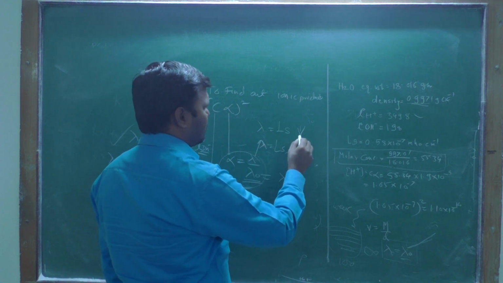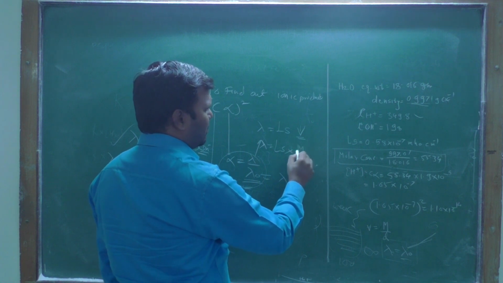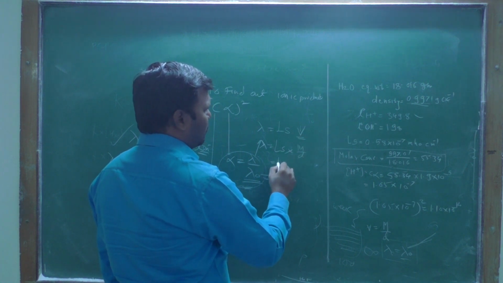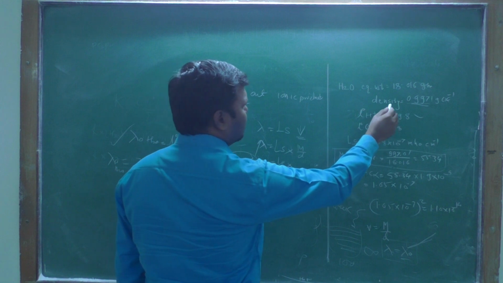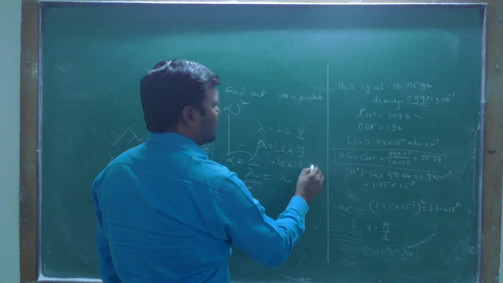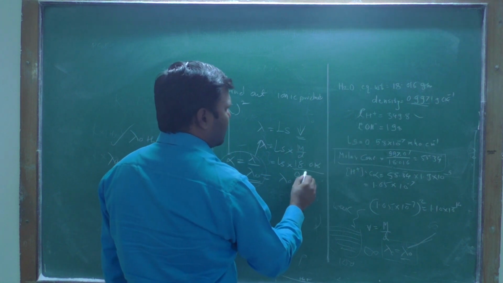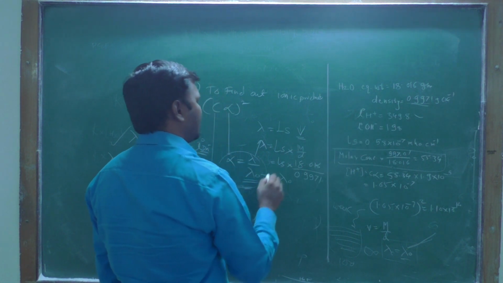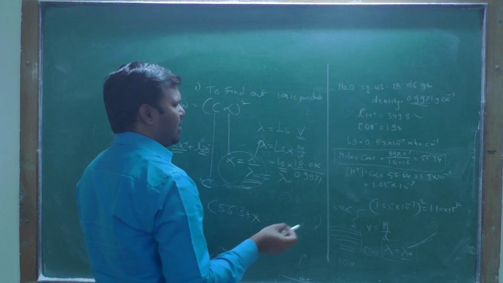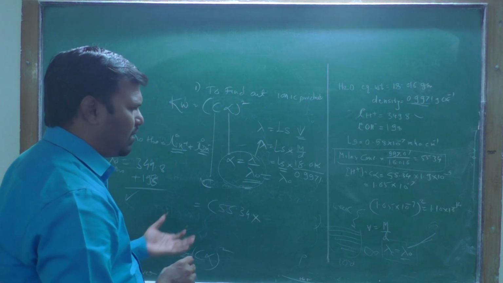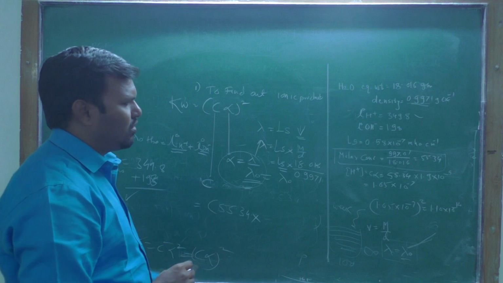Mass upon volume is also mass upon density. The mass of water is 0.16 upon the density, which is 0.9971. By that equation you can find LS, the specific conductance of water, by using machines or some calculations.